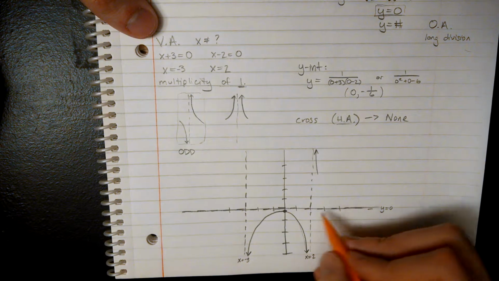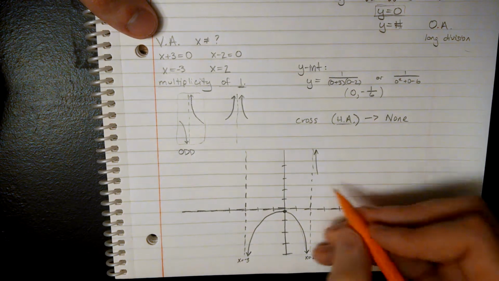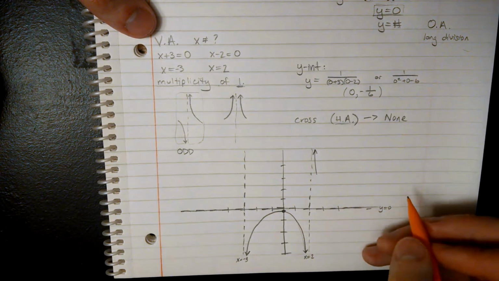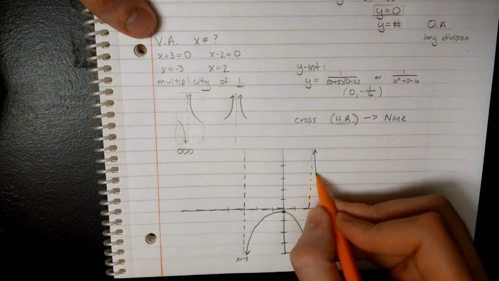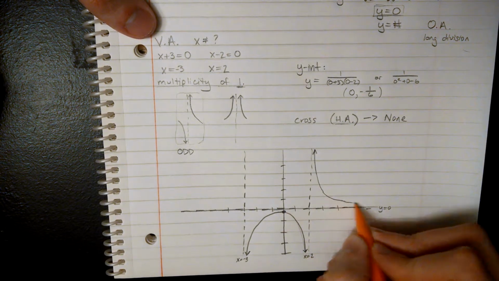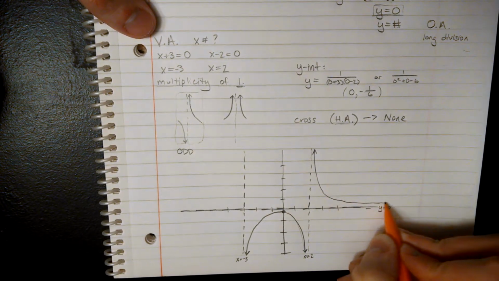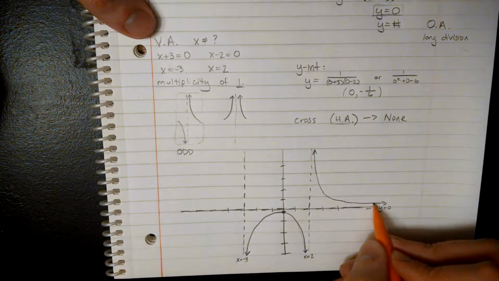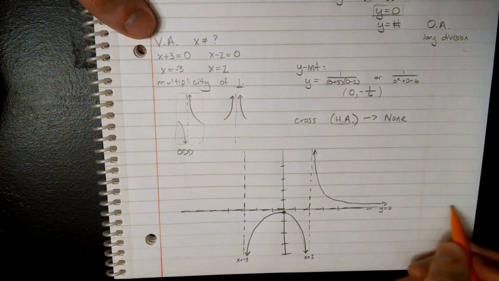Remember, we know that it doesn't have any x-intercepts, so as it comes down towards here, it's not going to cross this line. It's just going to try to get really close to it and then follow it towards infinity. So it's going to look something like this. See it getting closer and closer to the asymptote and then leveling out. And it's going to follow that asymptote forever.